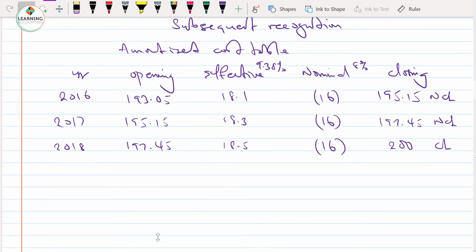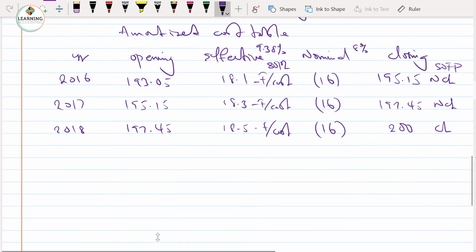The effective interest will be treated in the finance costs in the profit or loss section for each period. It will be the finance cost recognized, while these are the figures going to the statement of financial position, as you can see.